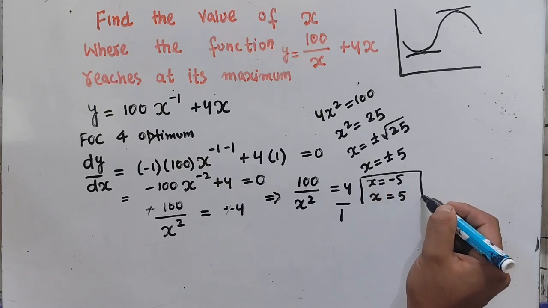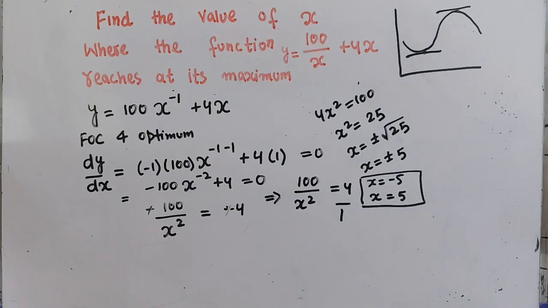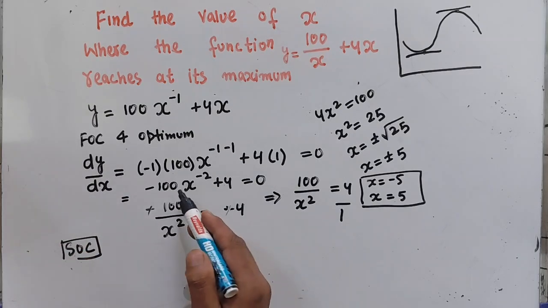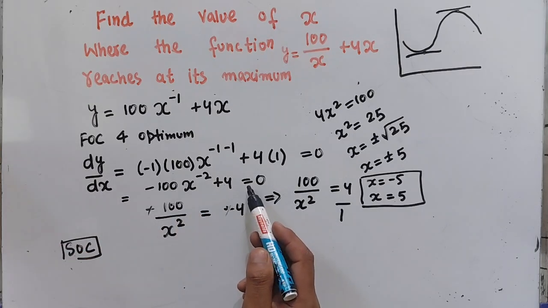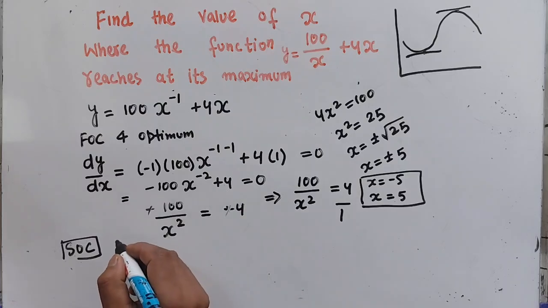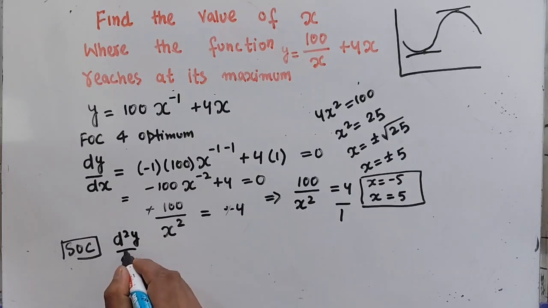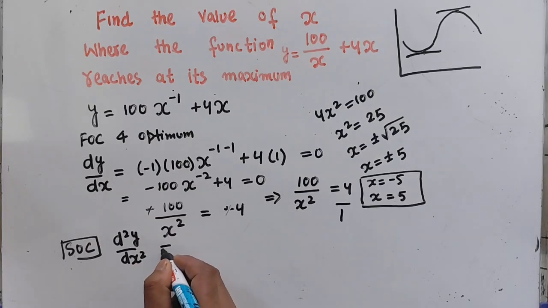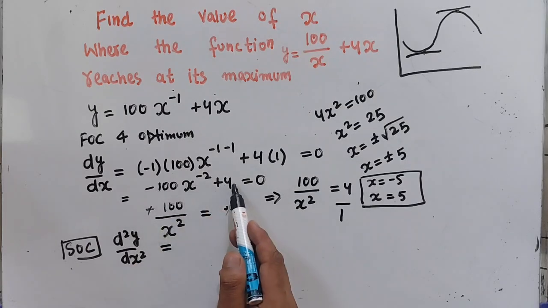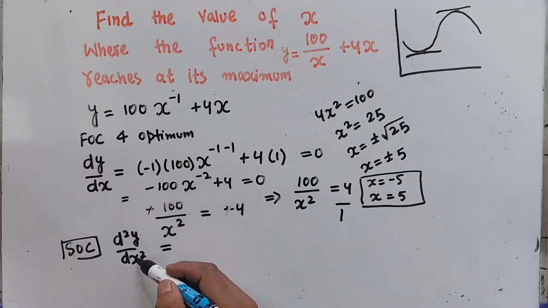Now we need to check the second order condition for maximization, for maximum. So the second order condition tells us we take the second derivative, that is d square y upon dx square. So let us find out. This is the first derivative, its derivative gives us the second derivative.